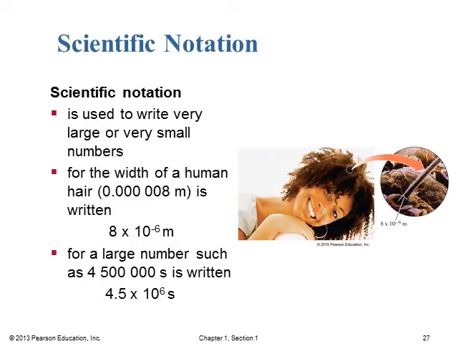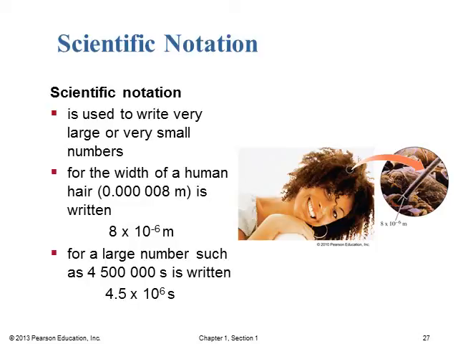If we look at the width of a human hair, it is 0.000008 meters. That's a lot of zeros to have to write down every time you want to discuss something at this scale. So if we just use 8 times 10 to the minus 6 meters, that would alleviate a lot of extra writing that we don't need.